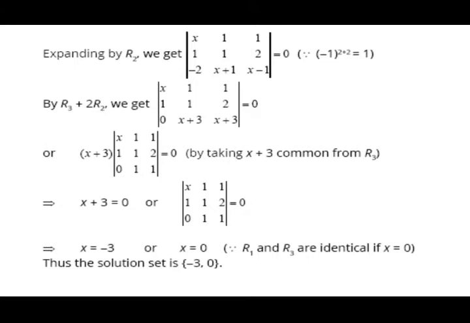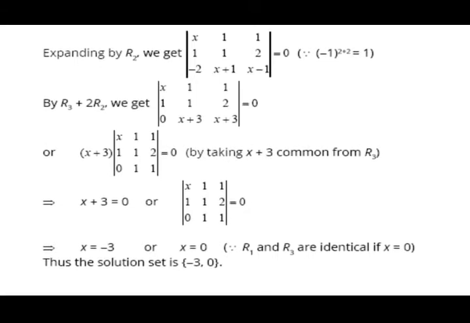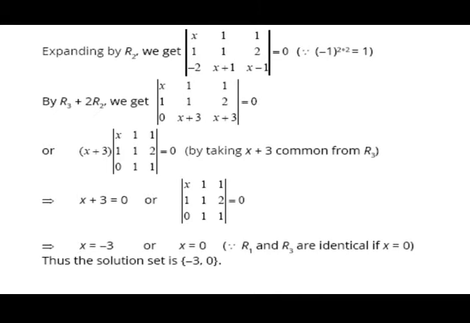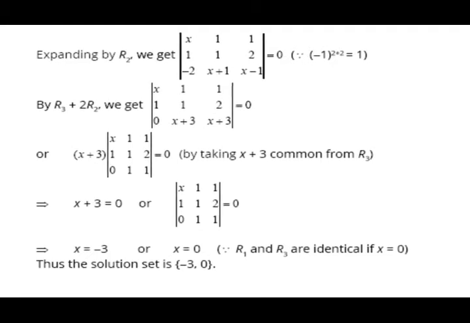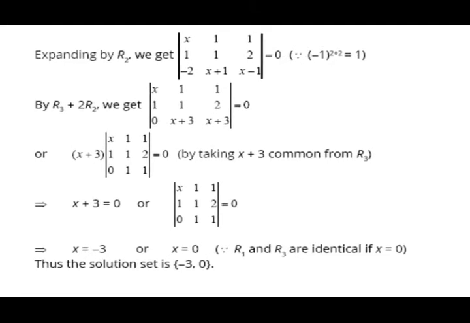And x is equal to minus 3, and the determinant is equal to 0 if the first row and second row are the same. How does it become the same? If we replace x by 0, therefore the value of x is equal to 0. Complicated, but if we solve it, then it becomes easy.